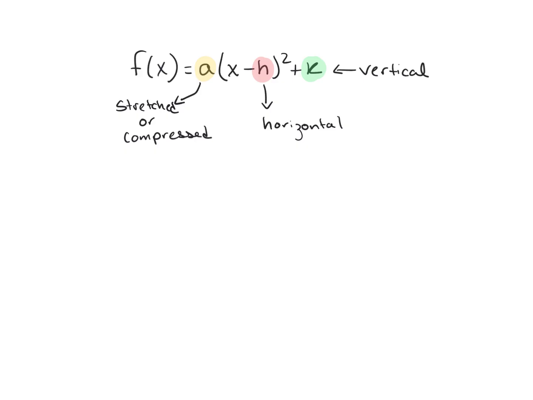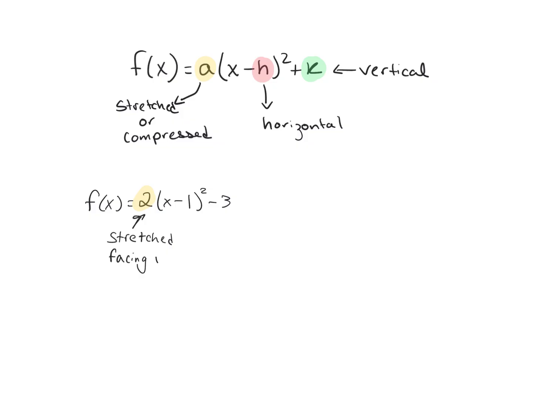So if we have some sort of function like this, I can use this information from my standard vertex form to pull apart what my graph is going to look like. For example, in this one, I have an a value here of 2, which means that this is going to be stretched by a value of 2. This 2 is also positive, which means that this is going to be facing up.